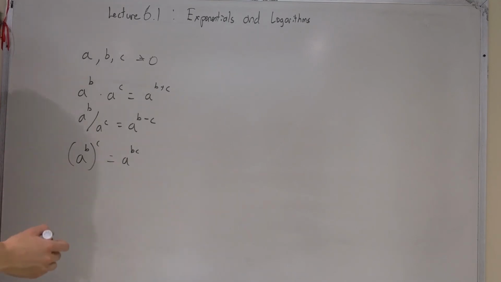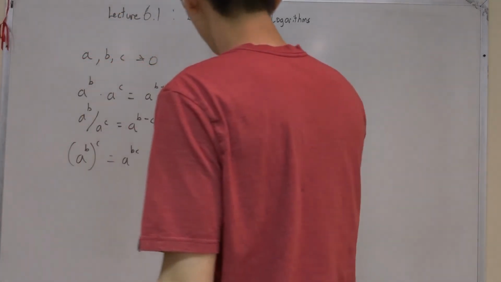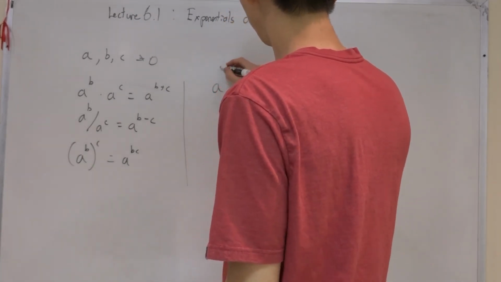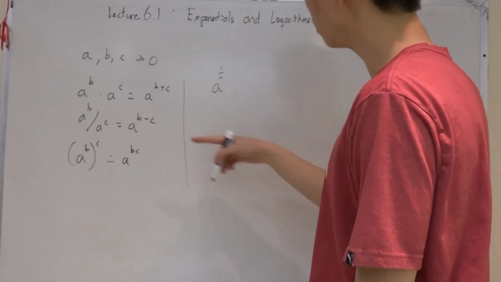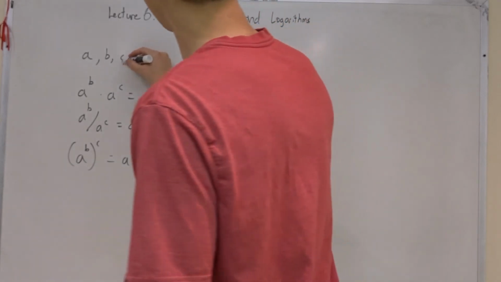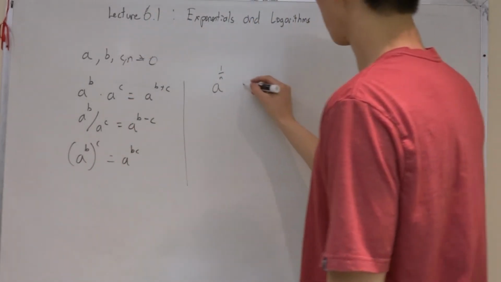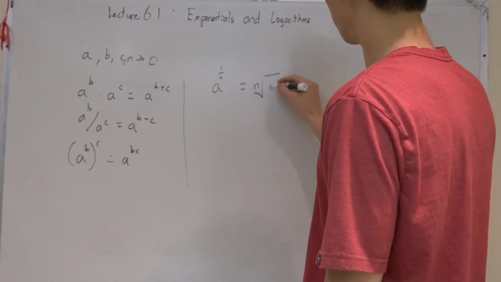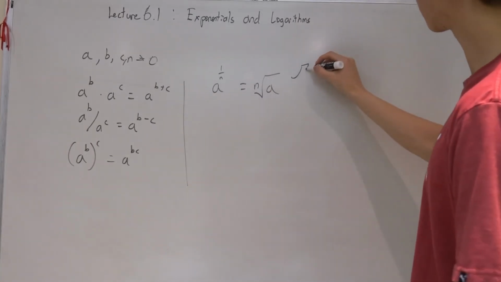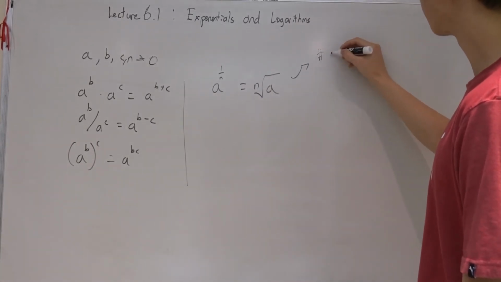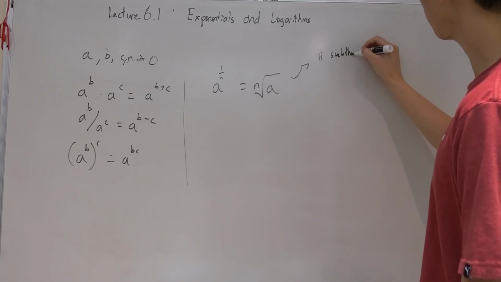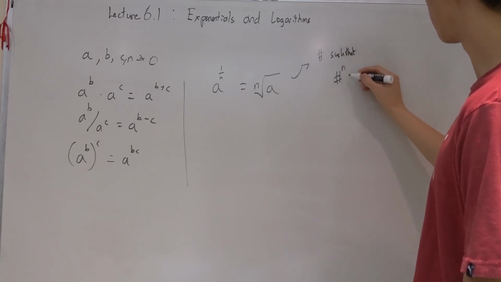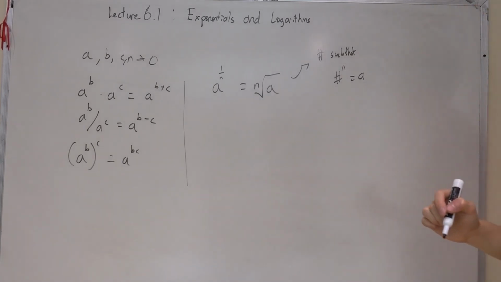Now there are some other identities which you should be very familiar with, namely that a to the power of 1 over n, where n is just some non-zero number, is the same thing as the nth root of a. And what this is asking for is the number such that the number to the power of n is equal to a. Okay?